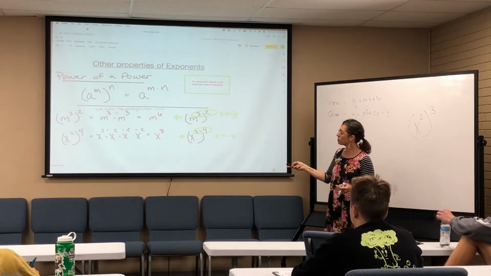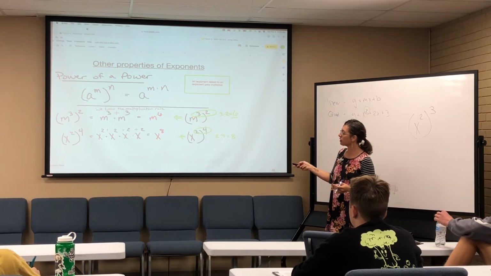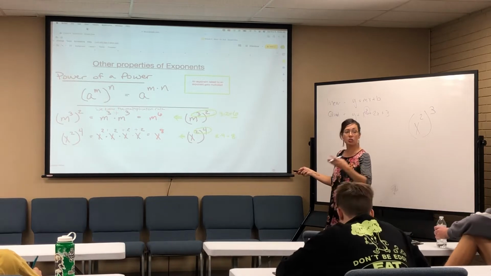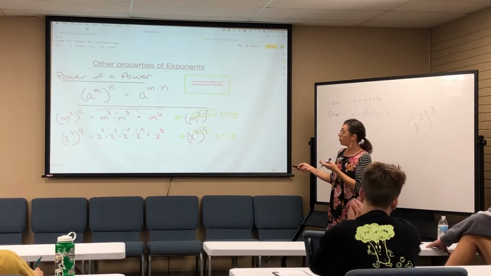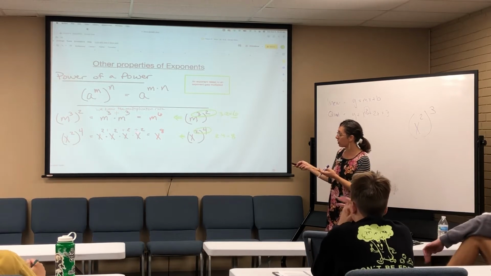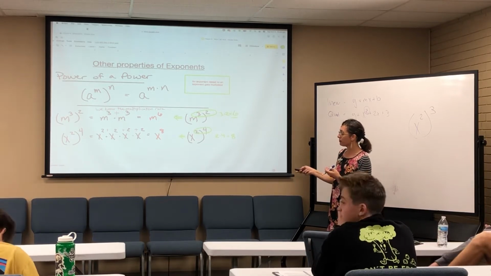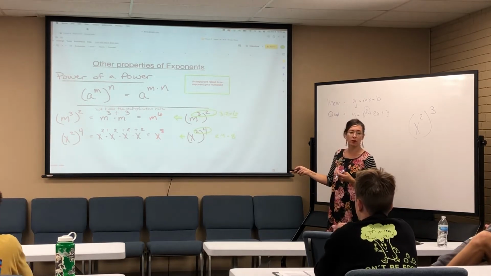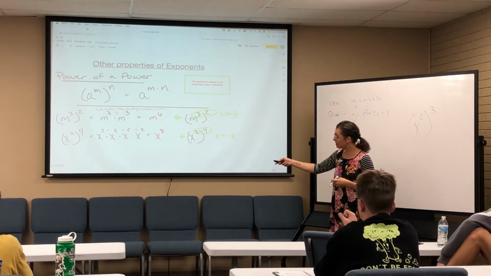And the same way here, x squared to the 4th really means x squared times x squared times x squared times x squared. According to our multiplication rule, when they all have the same base, we add the exponents together. So I ended up with 8. It's a lot faster for me to just say 2 times 4 is 8 than it is to multiply this out.